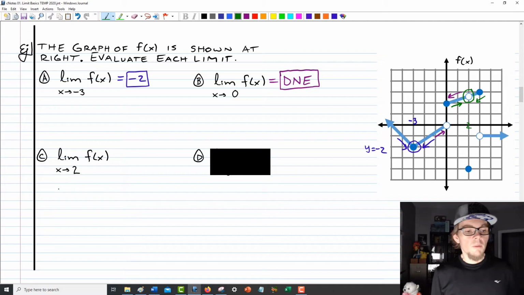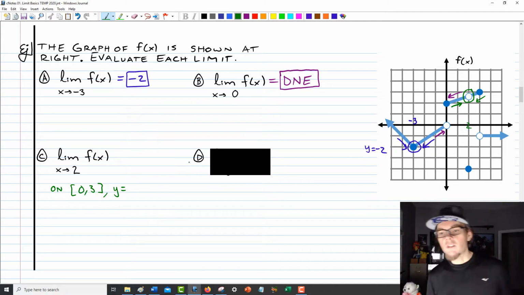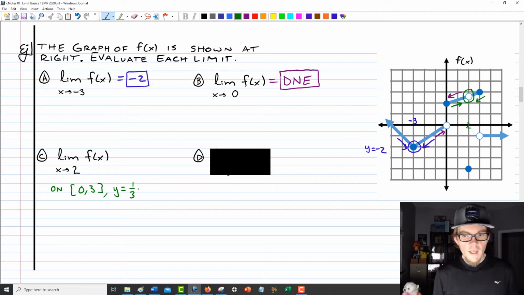In order to approach it, we should point out that on the interval we're interested in, from 0 to 3, y is equal to... I'm thinking of the slope of the line here, by the way. I should have said that. Our slope is up 1 over 3, so it's 1/3 x plus 2.